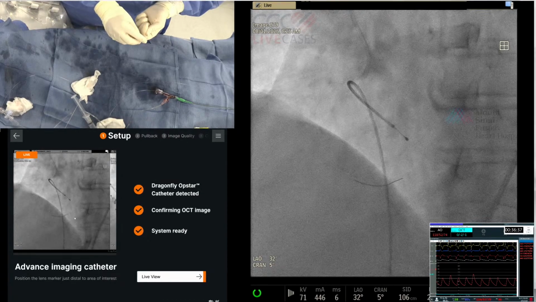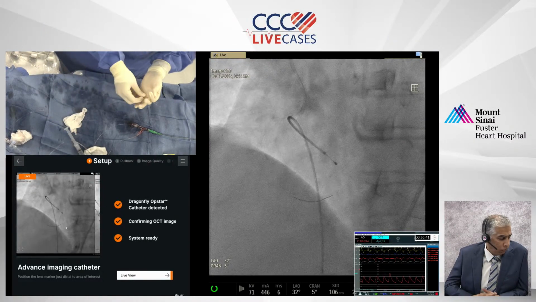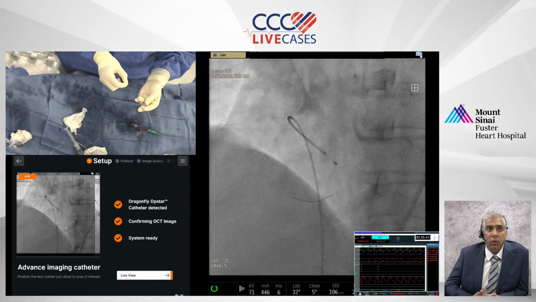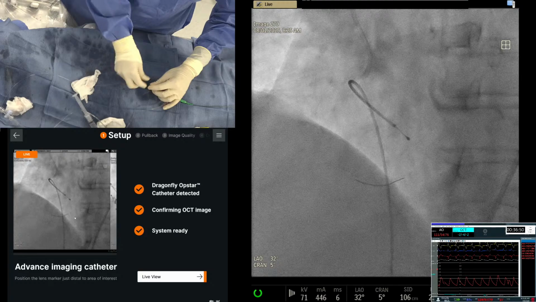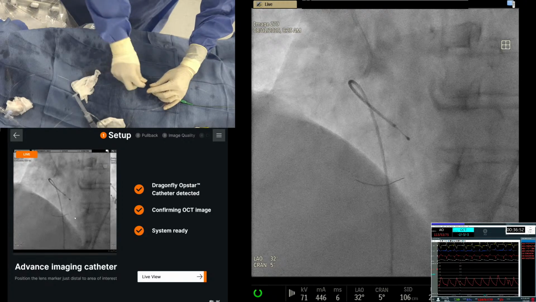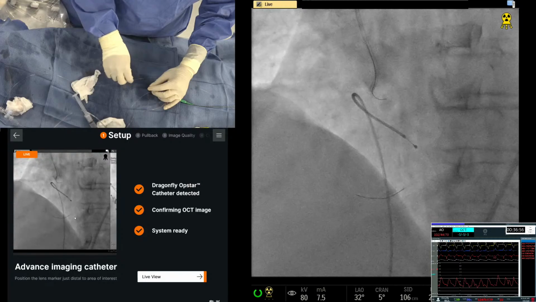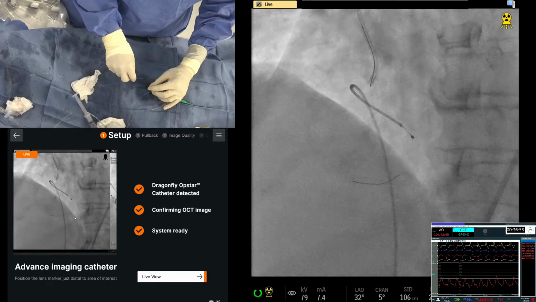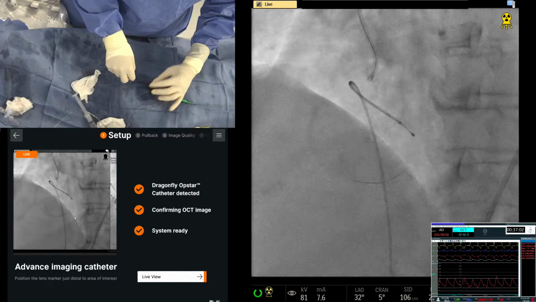There's an impressive lack of tortuosity for her advanced age, so I think an extra support would have been still reasonably safe. Now the guide again is out, but let's engage, let's get this wire.